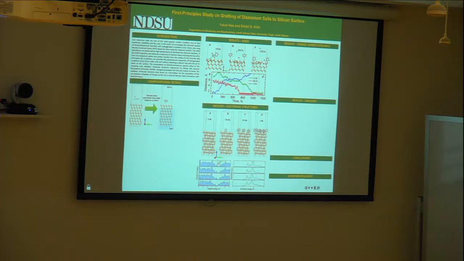Time is more precious. Okay, so my topic is a first principles study on grafting of diazonium salts on silicon surface. The diazonium salt is a very powerful agent. It can be used to functionalize lots of surfaces like carbon nanotube, graphene, silicon, and also some metal surfaces. This kind of surface modification can be driven by electrochemistry, heat, or ultrasonication.